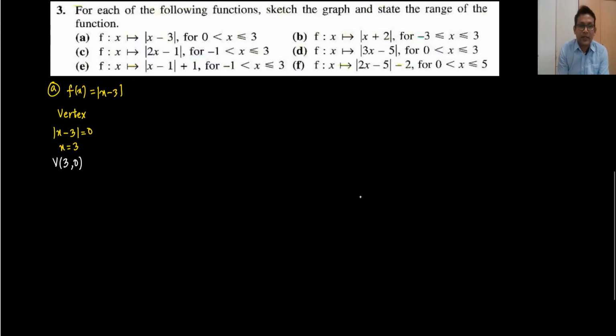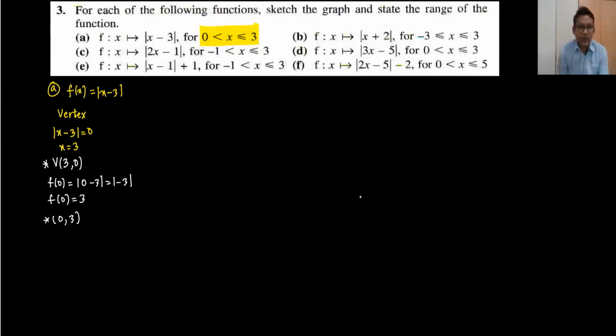Step number 2 is, we find the domain. The domain is given here, so we find the image of f of 0. We need f of 0. So f of 0 is 0 minus 3, which is minus 3, and the modulus of minus 3 becomes positive, so f of 0 is 3. So the next coordinate is 0 comma 3. Now we have the vertex, we have the minimum value of y, which is the domain, and the range.